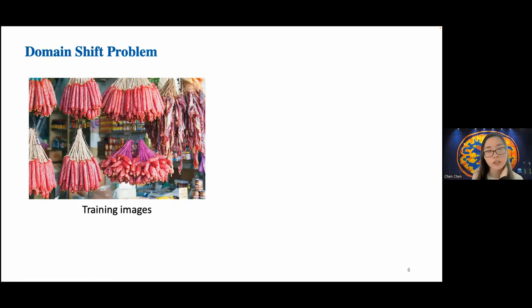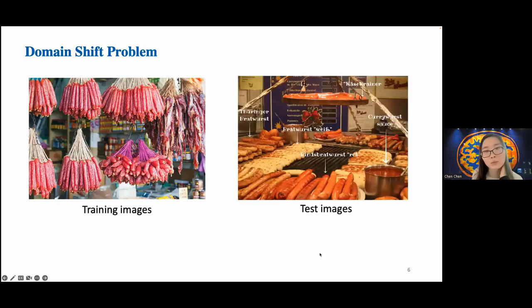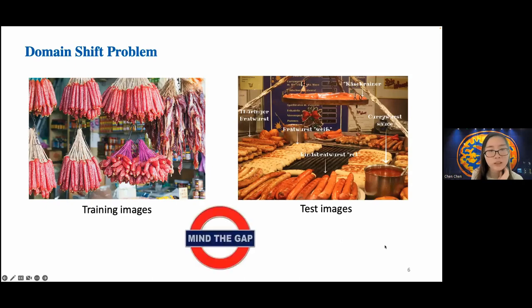Imagine you have an AI system trained using Chinese sausages, which look like this. And then if you want to deploy it to the German market, they have a really large variety of sausages, white sausages, and the colors and shapes can have great variability. So you know that we need to mind the gap between the training images and test images, okay?